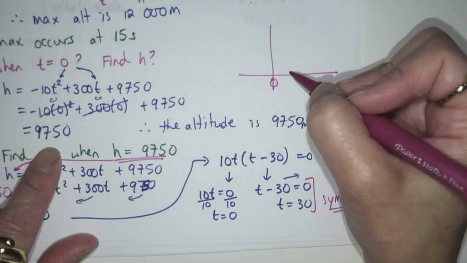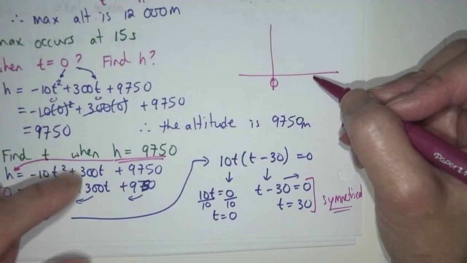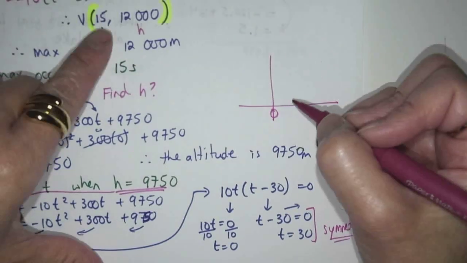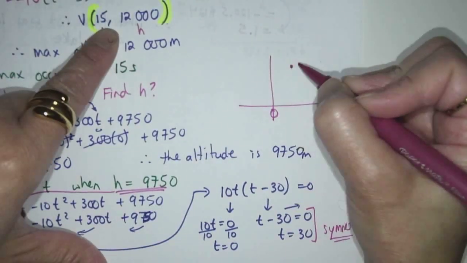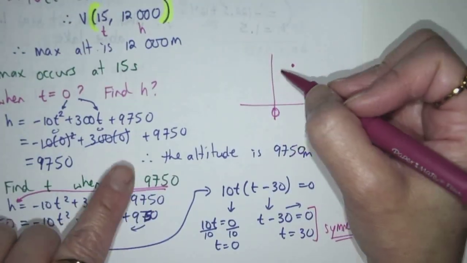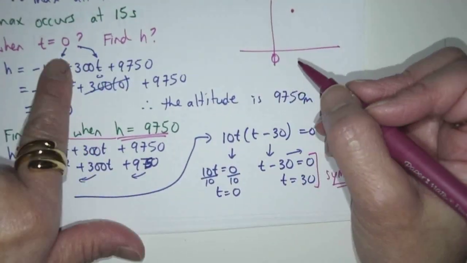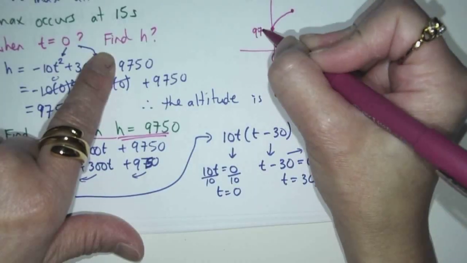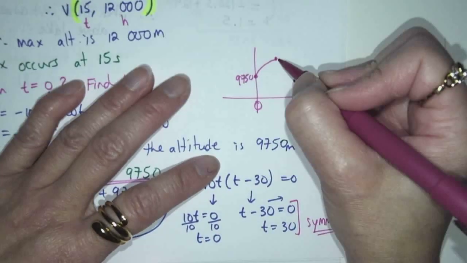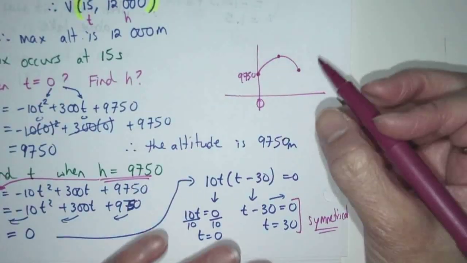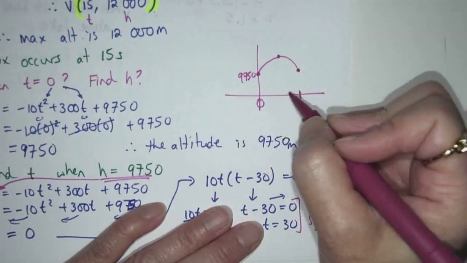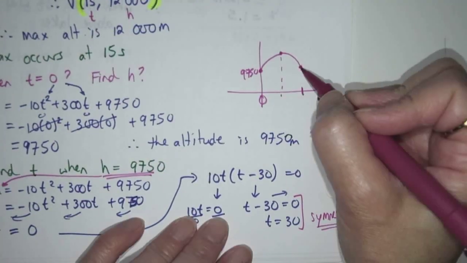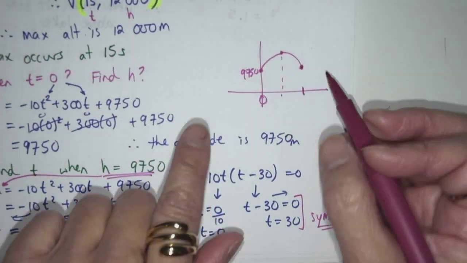If we know that it reaches a height of 9750, the maximum height is 12,000, so something like this. Find height when t equals 0, so we go like this, which is 9750, and it should be symmetrical, so we're looking here. So we want to know how far away is this, so we want to make sure it comes back down here.